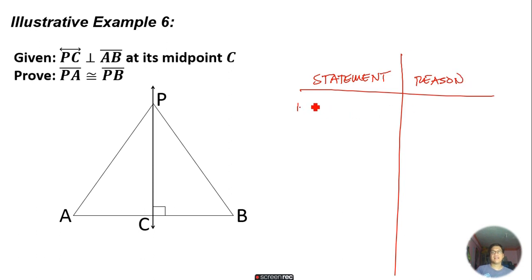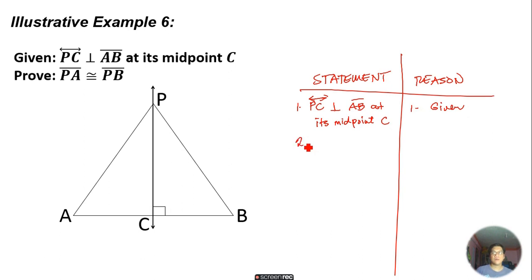Number 1, again, write the given. Line PC is perpendicular to AB at its midpoint C. The reason is given.